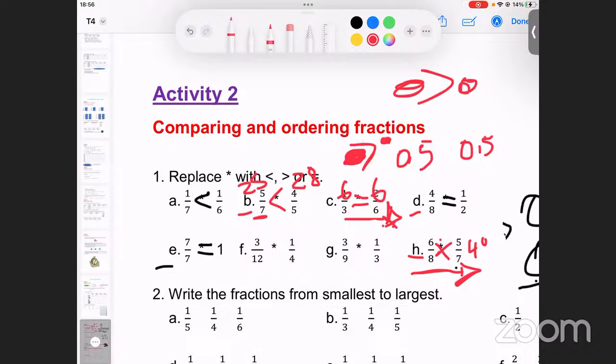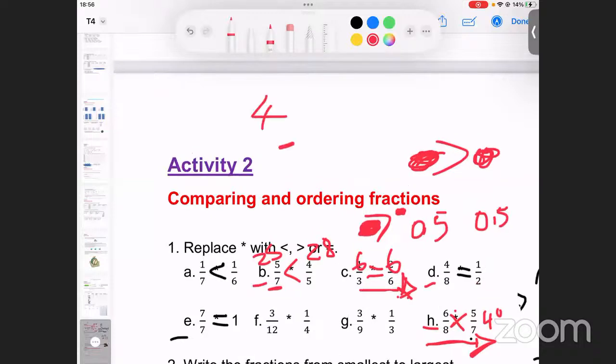So the bigger one is going to be this side and the smaller one is going to be this side. If, let's say for example, we had a 4 divided by 5 and we're having a star there, and then we have a 5/7, that means you're going to have something like this, because the bigger one stays inside the open side of the sign, and then the pointy is going to be for the lesser one.